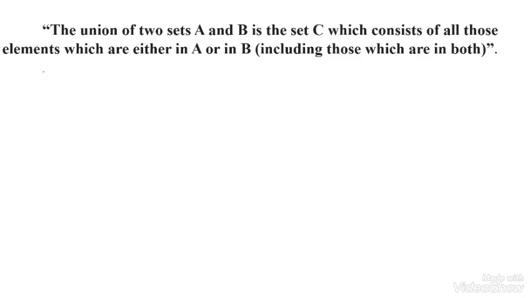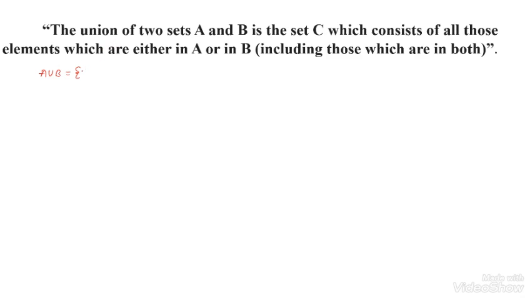It means we have to collect all the elements of A and all the elements of B, then write the common elements once. This definition says either we write the elements in A or B, including those in both sets.